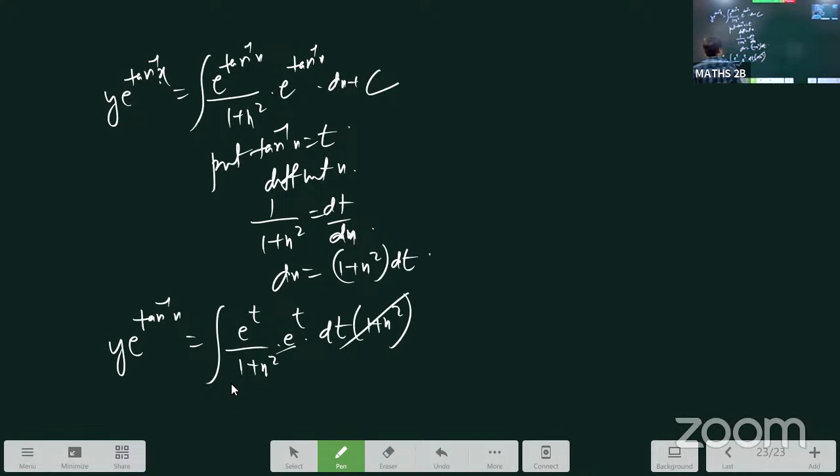Now your 1 + x² gets cancelled. So y e^(tan⁻¹x) equals the integral of e^t into e^t dt, which is e^(2t) dt.